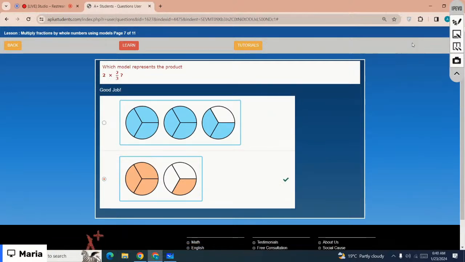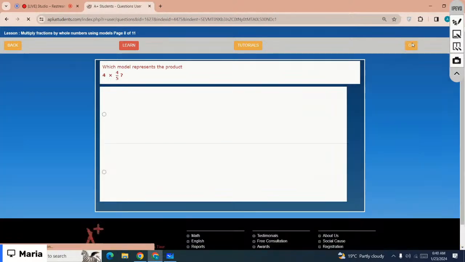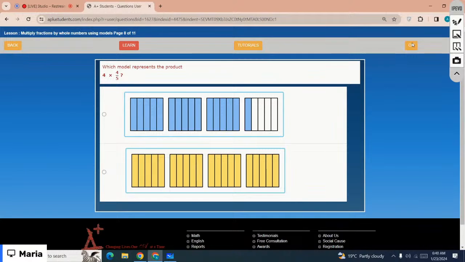Okay, the next one is: which model represents the product?